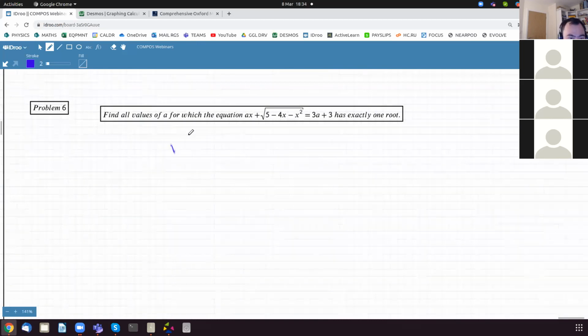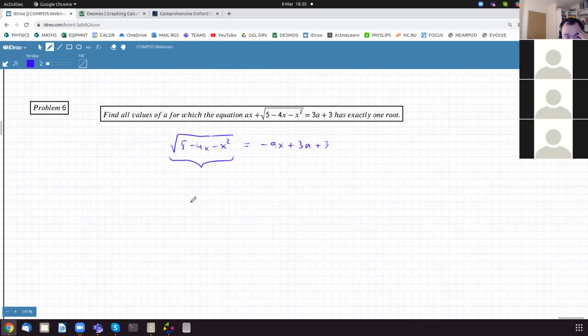So I'm going to use 5 minus 4x minus x squared equals minus ax plus 3a plus 3. Well, this looks like an equation of some curve, and this looks like the equation of a straight line.